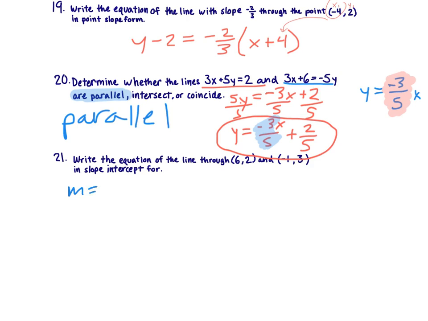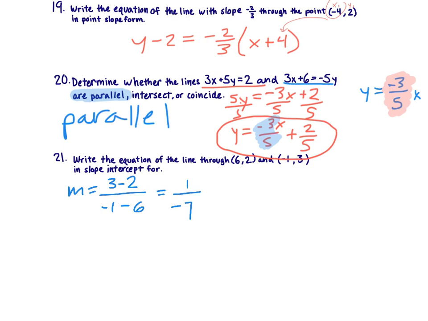We have y2, which is 3, minus y1, 2, over x2, negative 1, minus x1, 6. And we get 1 over negative 7. So that's our slope. Now I need to find the y-intercept.